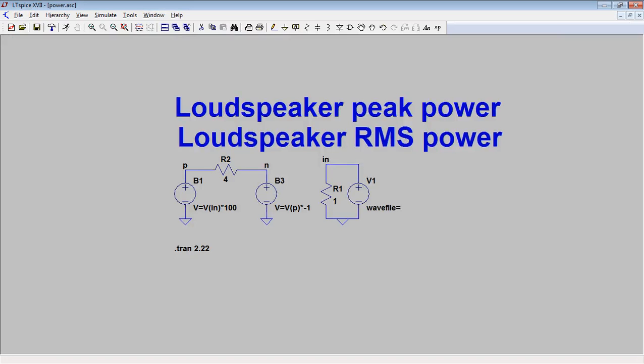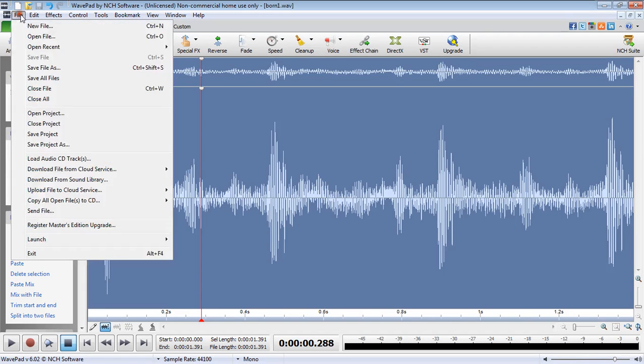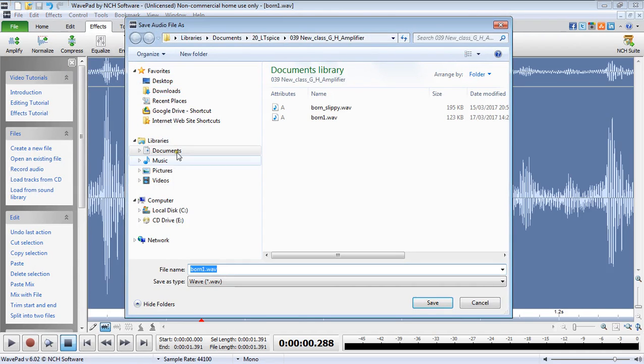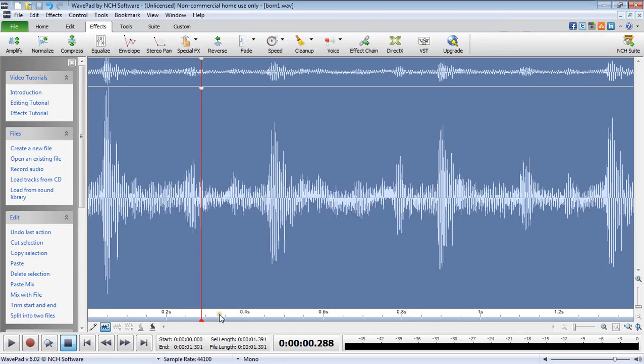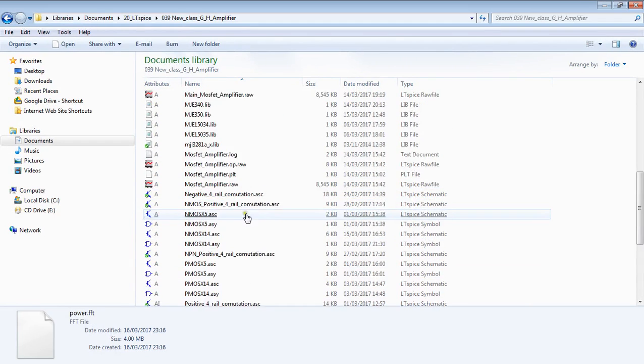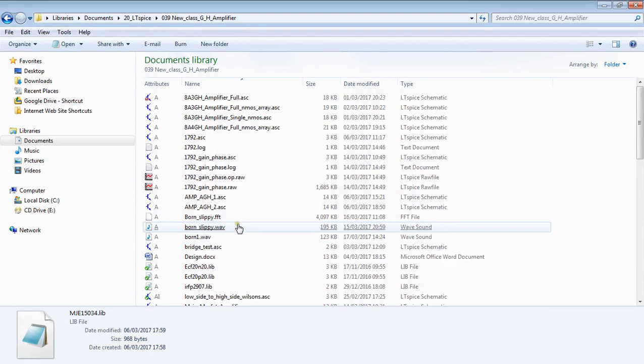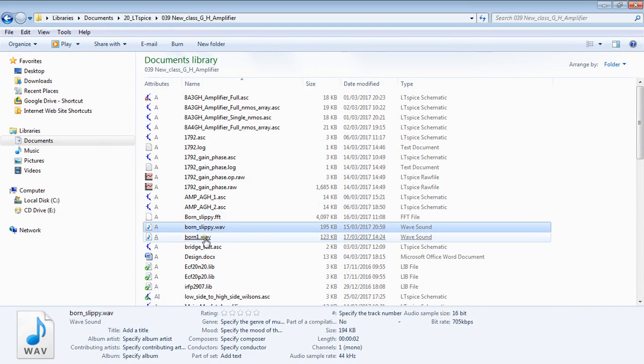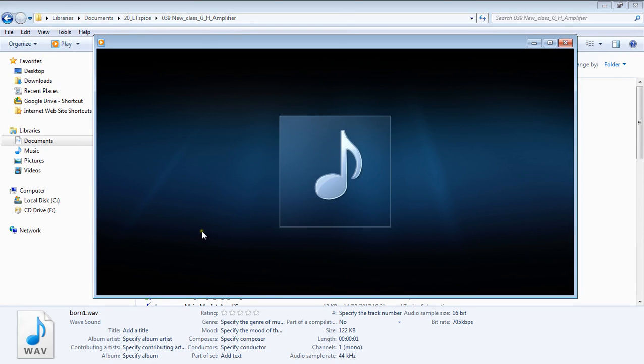Now go to LTSPICE. Oh, where did it put it? File, save file as. It put it in the new class GH amplifier folder, right? Okay, so now go in here. There should be something called born1.wav. There it is. Let's play it.